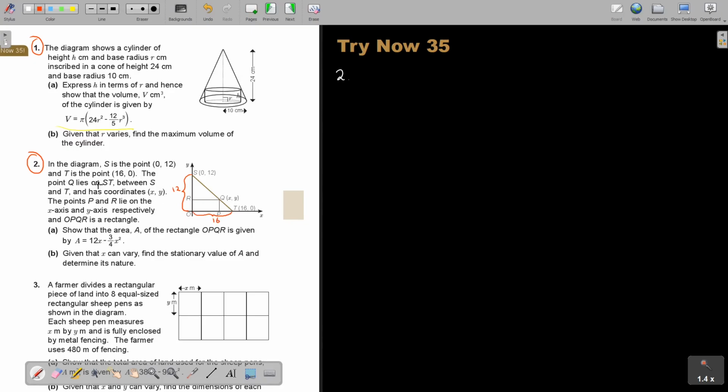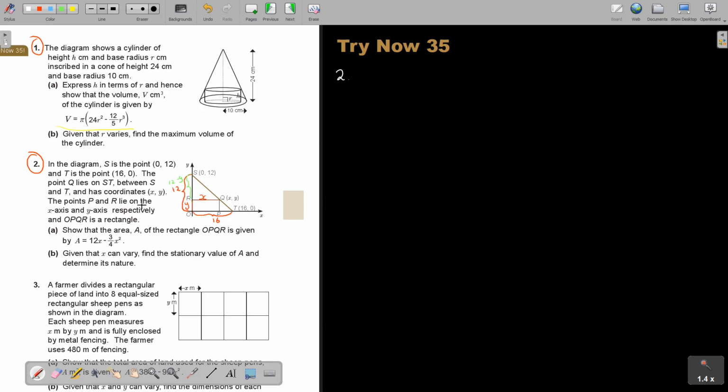The point Q lies on ST, between S and T, and has coordinates (X, Y). Again, what it's actually saying is that this distance here is X, and this distance there, or there, it doesn't matter, is Y. Better to write it here, because if I then must find this distance SR, it's going to be 12 minus Y. That's going to be the green there.